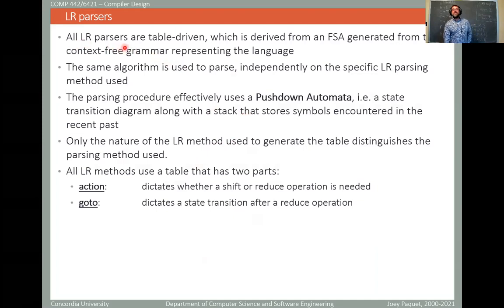So all LR parsers are table-driven, with the table derived from a finite state automaton generated from the context-free grammar that represents the language. You take the rules of your grammar and apply a set of heuristics, pretty much resembling what we had in the generation of the table for the LL1 table-driven parser.